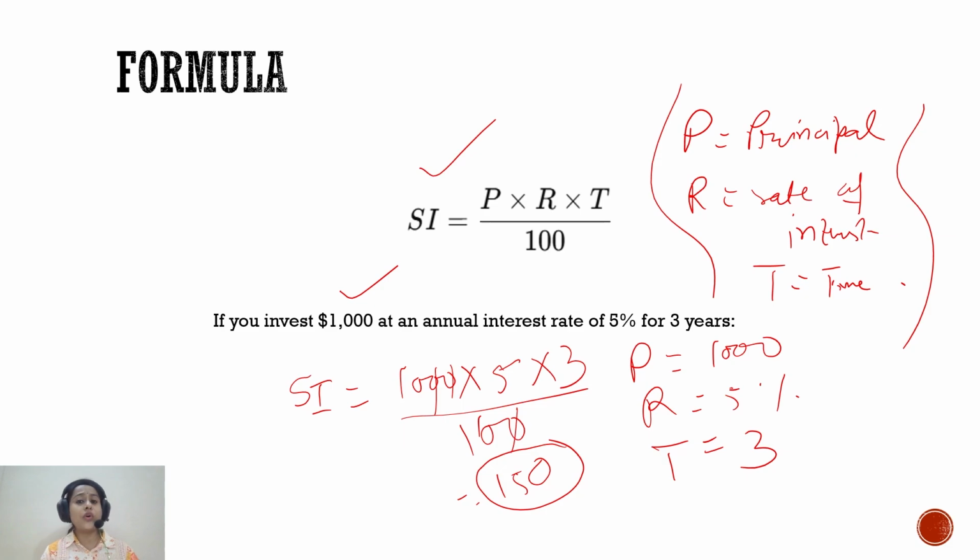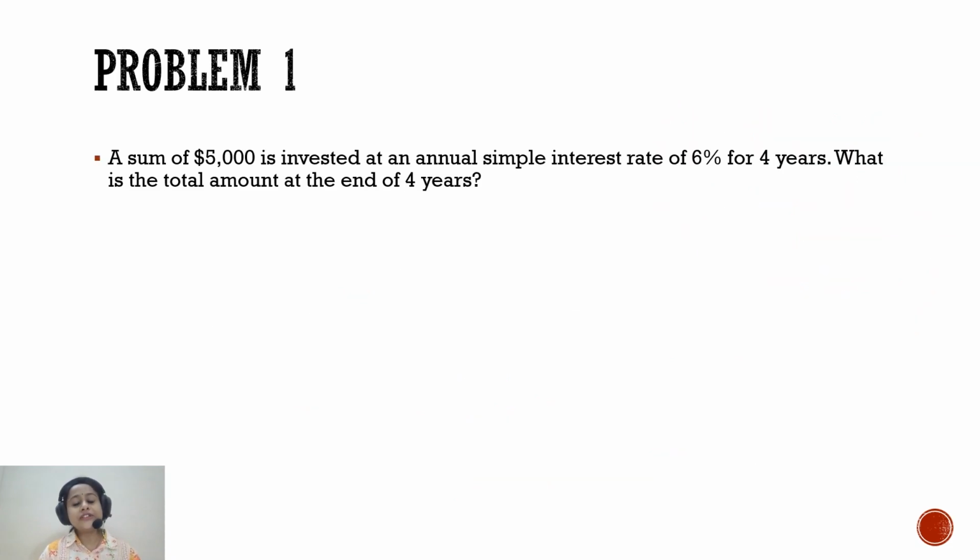Let us solve some easy as well as some moderate level problems related to simple interest. This question says a sum of 5,000 is invested, so my P is 5,000, at an annual simple interest of 6%, so my R is 6%, for 4 years, so my T is 4.